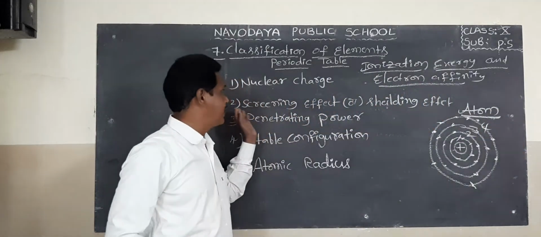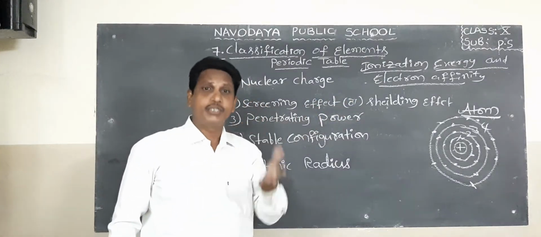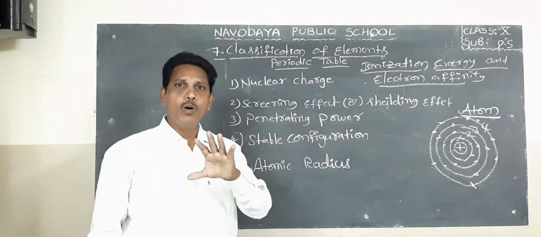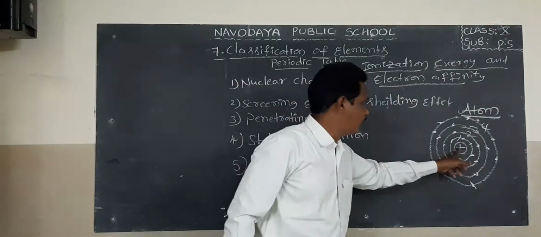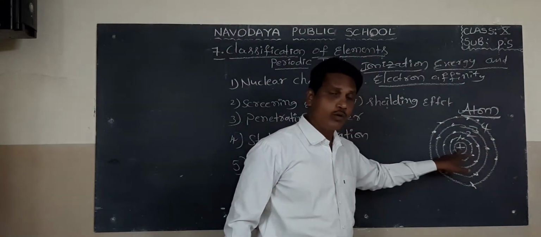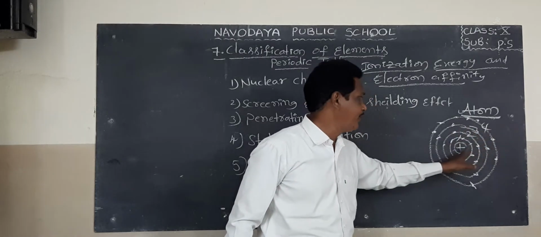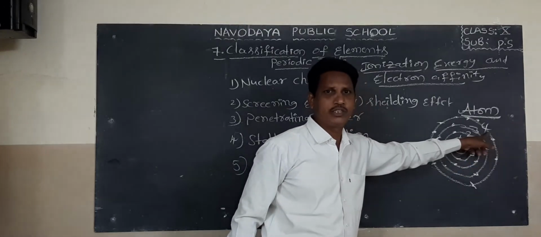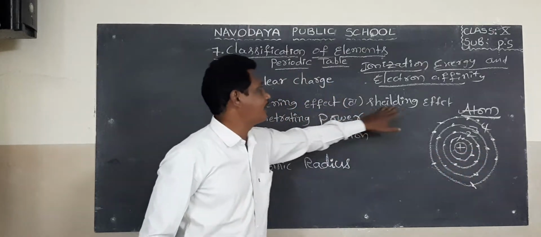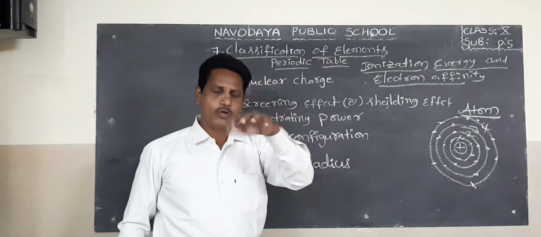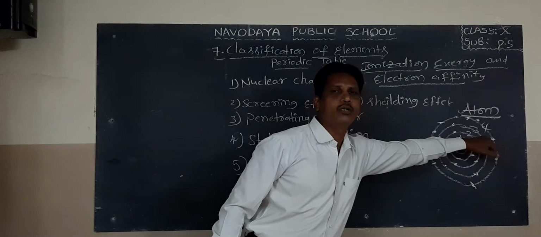Shielding effect or screening effect means more shells with electrons between the nucleus and the outermost orbit, or valence shell.